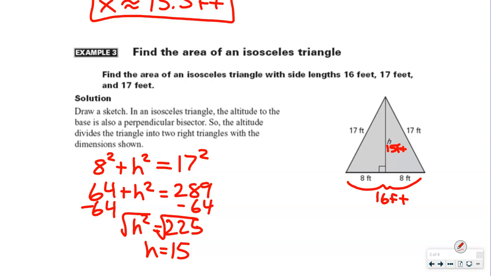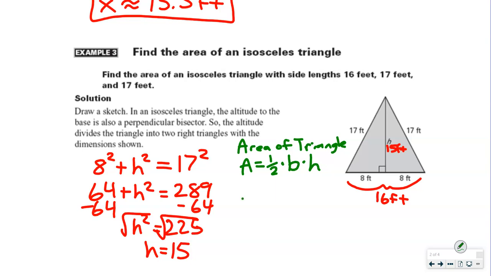An area of a triangle is 1/2 times base times height. Area equals 1/2 times the base times the height.